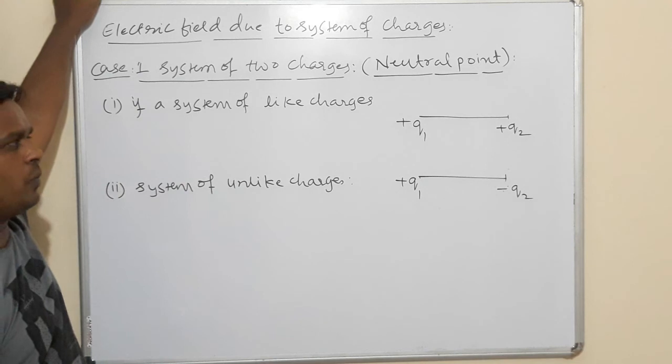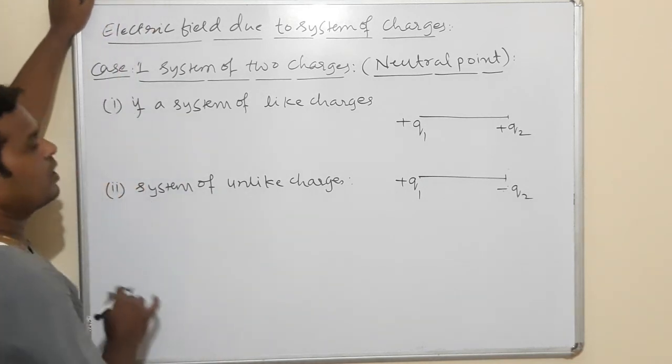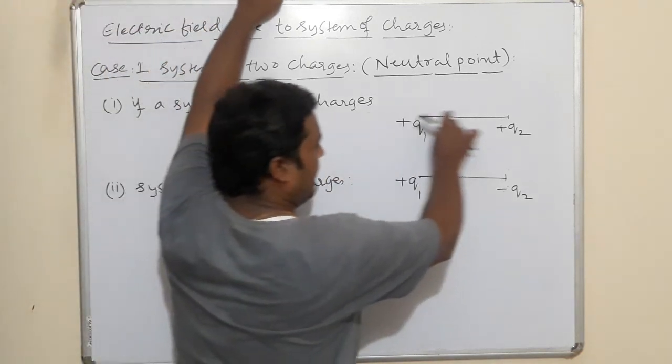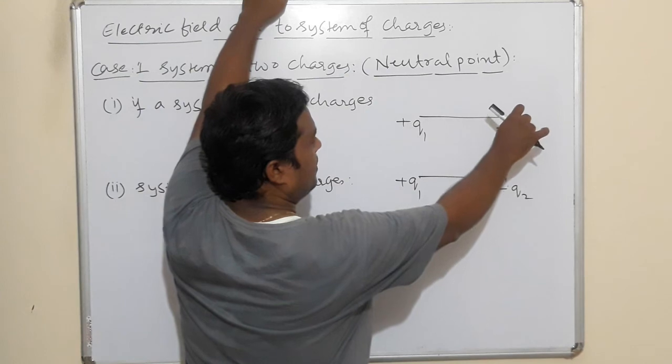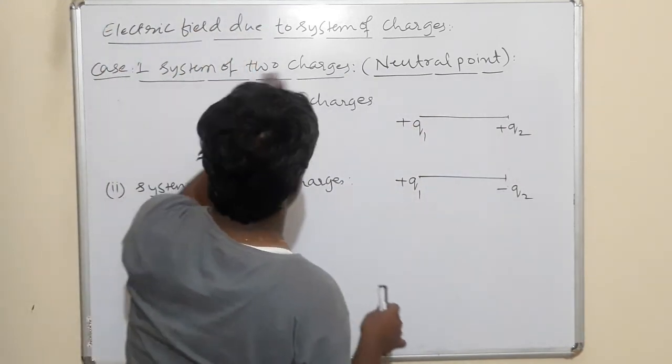How to find the neutral point? What is neutral point? First we will define it. Neutral point means it is a point on the line joining the 2 charges. First I will define it here.